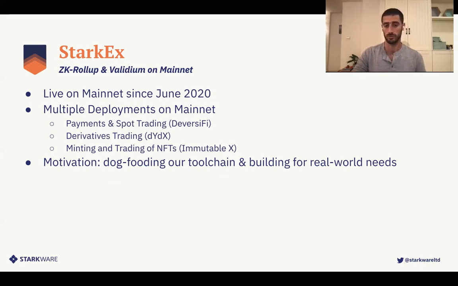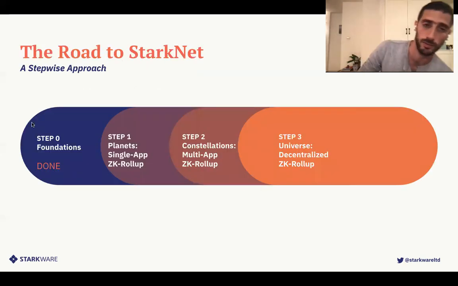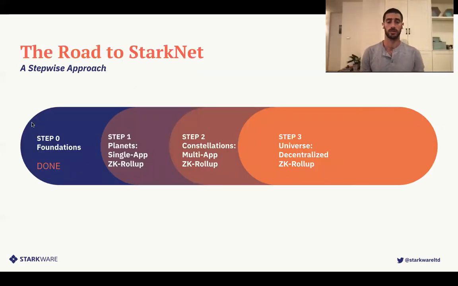Perfect. So now that we understood the foundations of Starknet, or where we are today, we can go and understand how we plan to achieve Starknet. And as we do everything at StarkWare, we will do this in a stepwise approach. The first step is Planets, and in this step we will build the basic building block of Starknet, which is the Starknet contract.